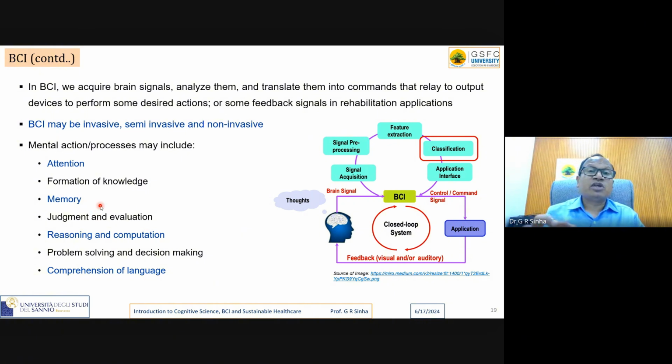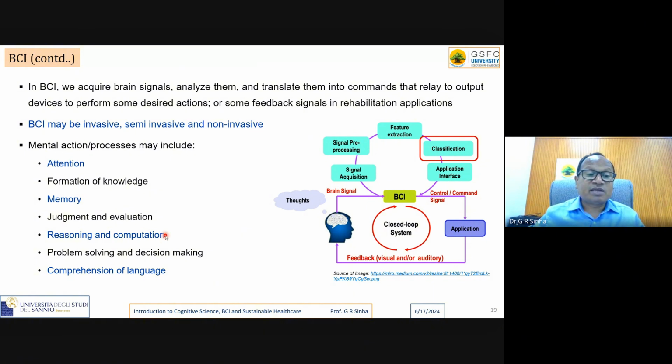Memory, how is memory developed? How do we recall? How do we judge? How do we evaluate something? How do we develop that ability to evaluate something? Is it related with the brain functionalities? The answer is again yes. So, can we study? The answer is yes.